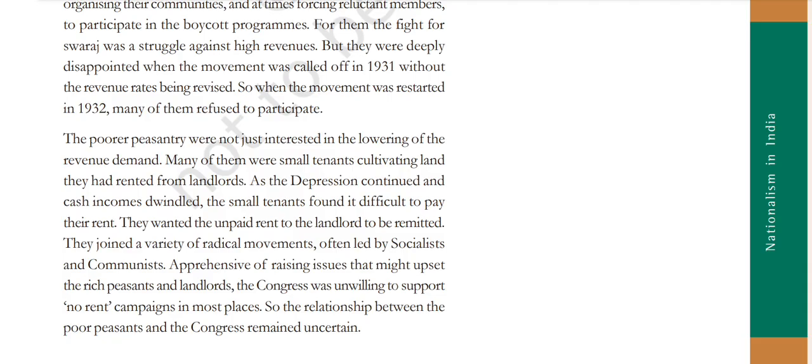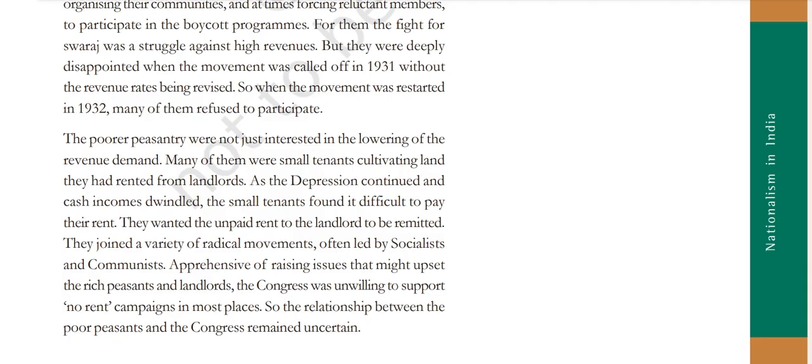The poorer peasantry were not just interested in the lowering of the revenue demand. Many of them were small tenants cultivating land they had rented from landlords. As the depression continued and cash incomes dwindled, the small tenants found it difficult to pay their rent. They wanted the unpaid rent to the landlord to be remitted.